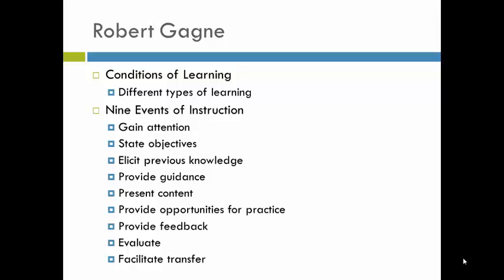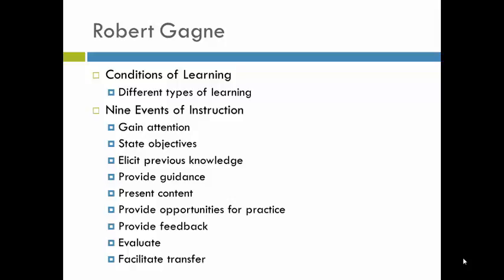These events of instruction address the entire instructional process, and they provide us with general guidelines for designing instruction. Other theories and models look at more specific aspects of the instructional process. And as a result, these models and theories look at specific aspects that have been used in conjunction with more general instructional theories and models, and together they enhance the instructional process.